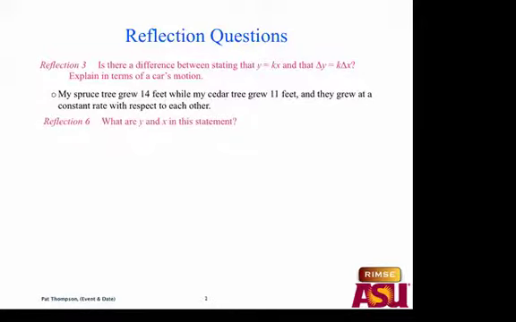So what quantities do y and x represent? Is y a tree? A tree is an object. We need a quantity, right?